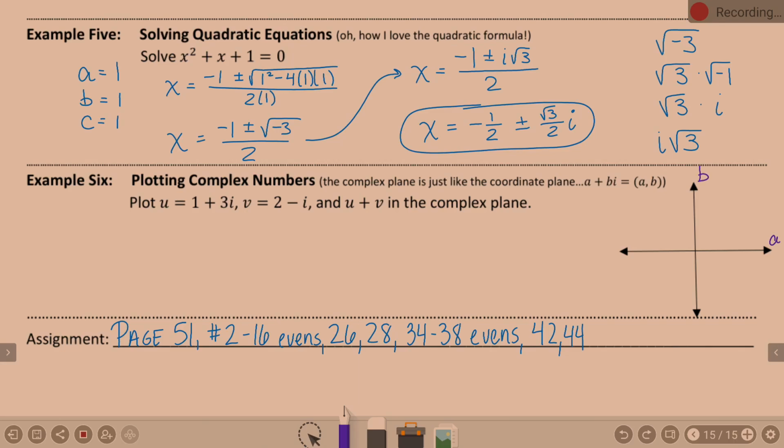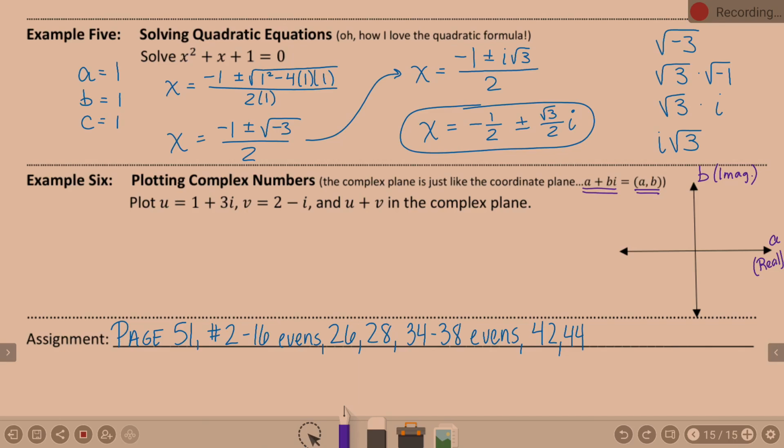Or in other words, we have a real axis and an imaginary axis. So notice right here, a number in the form a plus bi has the equivalent ordered pair of a comma b. So it asks us to plot u, v, and u plus v in the complex plane.